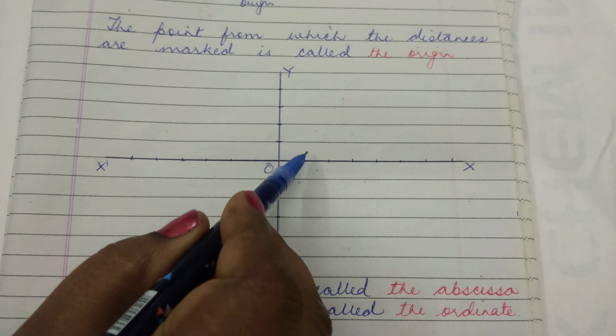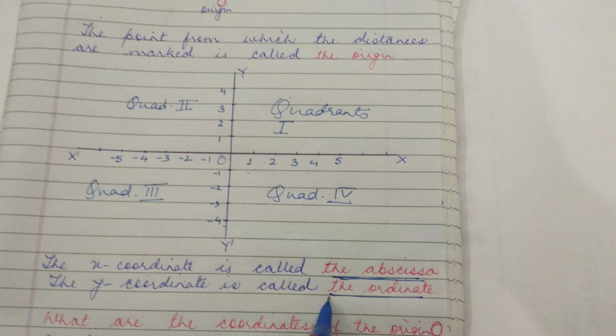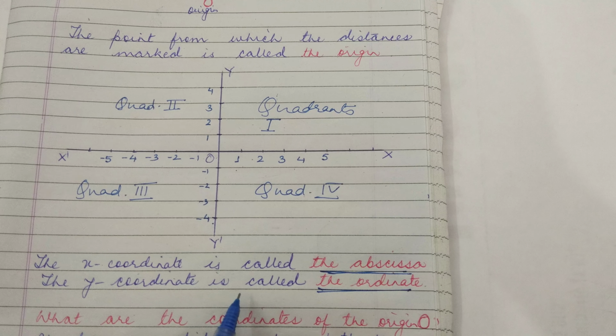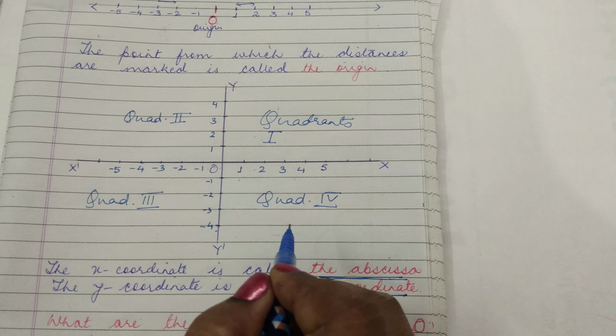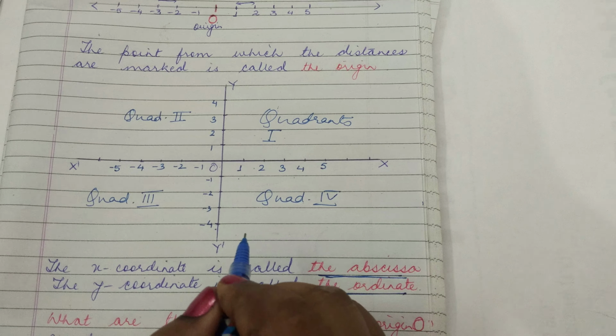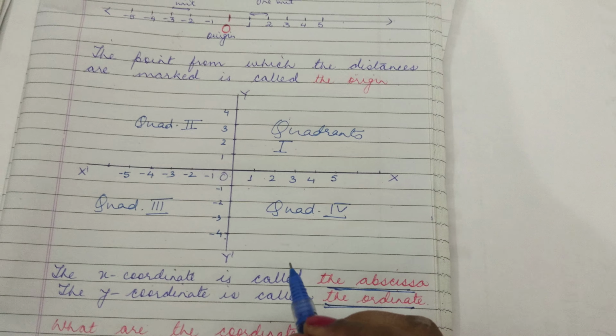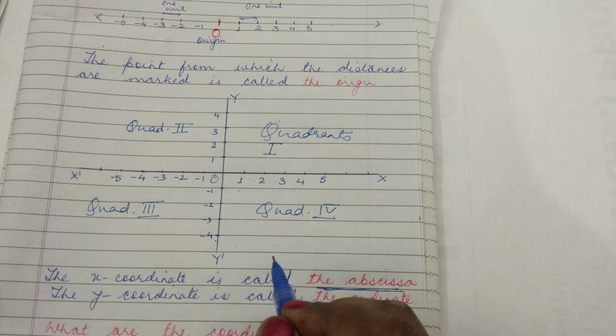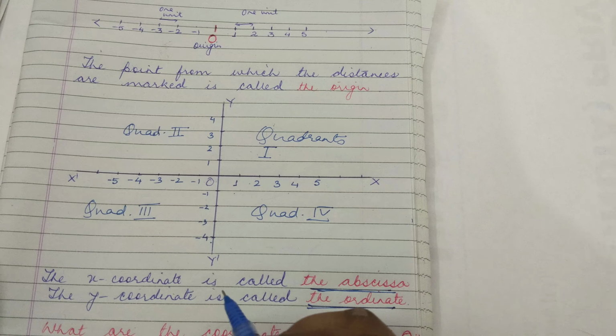The x coordinate is called the abscissa, and the y coordinate is called the ordinate. So children, always remember that whenever you write the coordinates of a point in the coordinate plane, the x coordinate or the abscissa comes first and then the y coordinate, that is the ordinate.